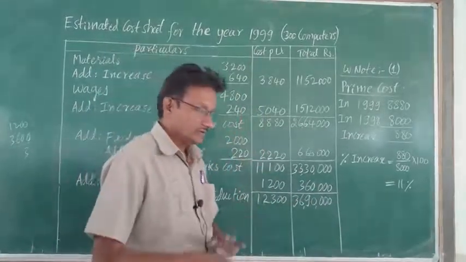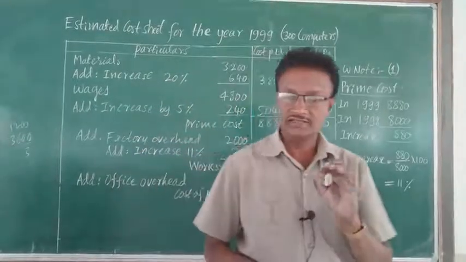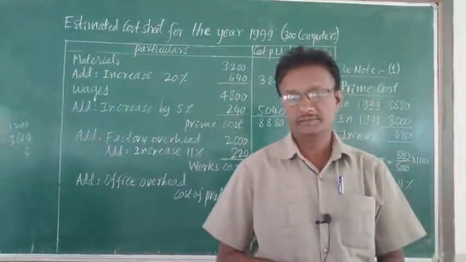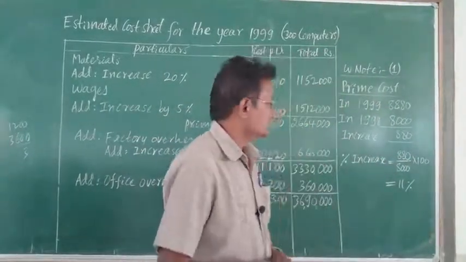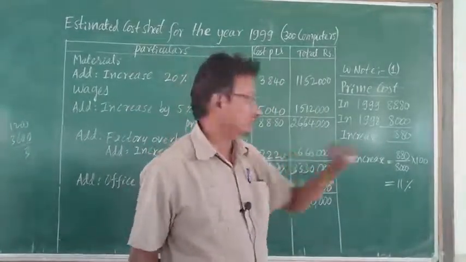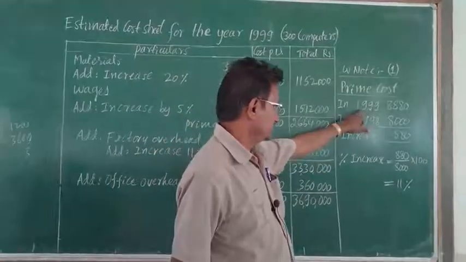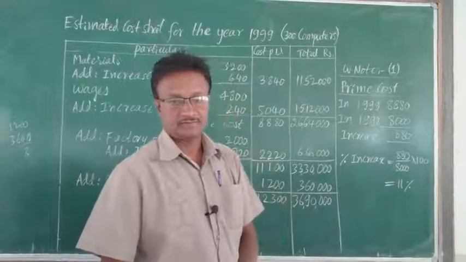So factory overhead will increase in proportion to the prime cost. So observe the prime cost in 1998 and 1999.